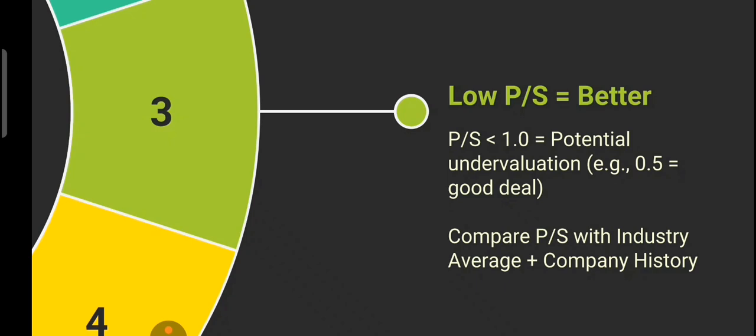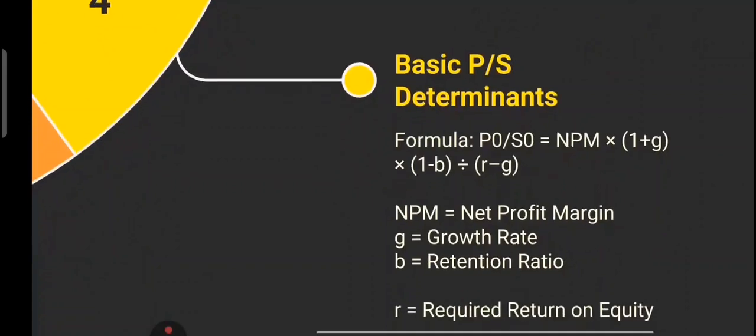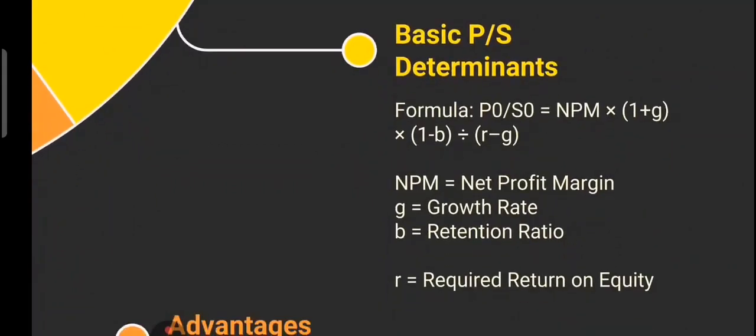If you look at the basic P/S determinant, the formula is simple: NPM, net profit margin, multiplied by (1 plus g), where g is the growth rate, multiplied by (1 minus b), the dividend payout ratio where b is the retention ratio, and divided by (r minus g).